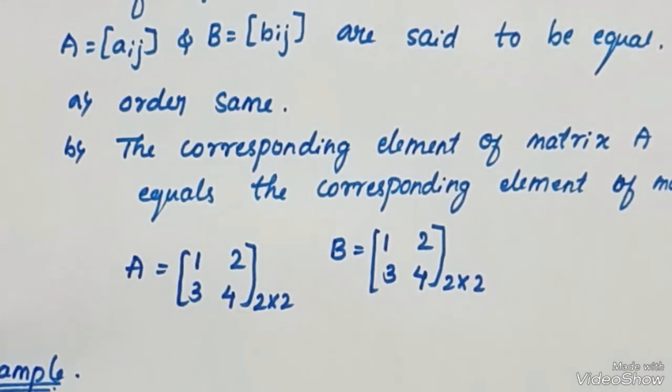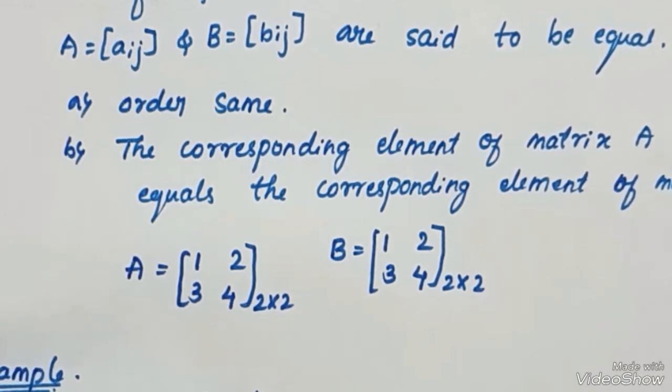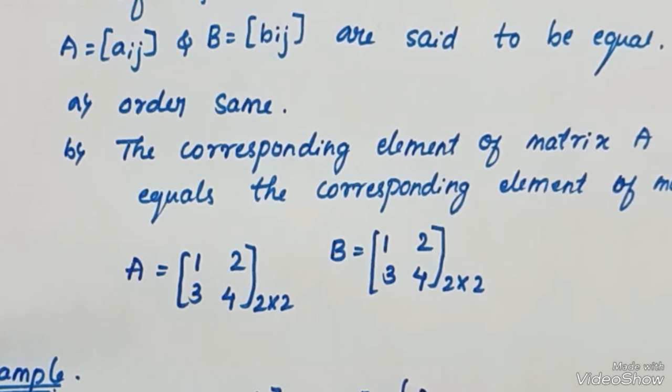Now, A is a matrix of order 2 cross 2 having the elements x, y, 2z, 3, and B is a matrix of order 2 cross 2 with the elements 3, 4, 6 and w.